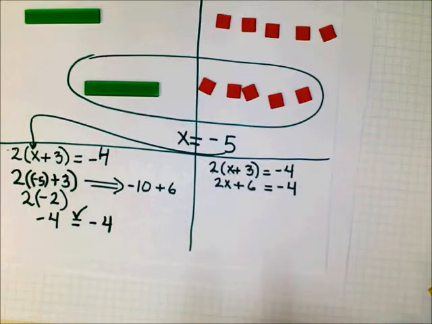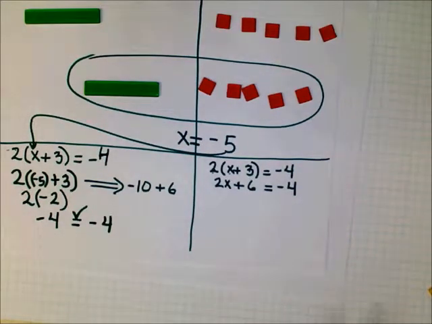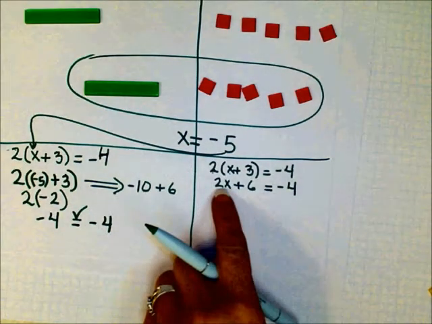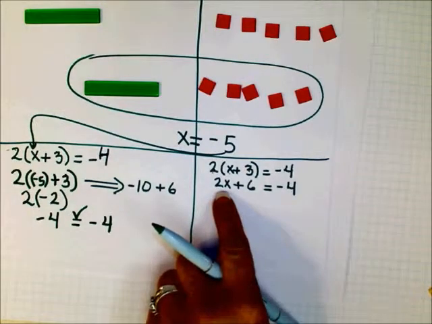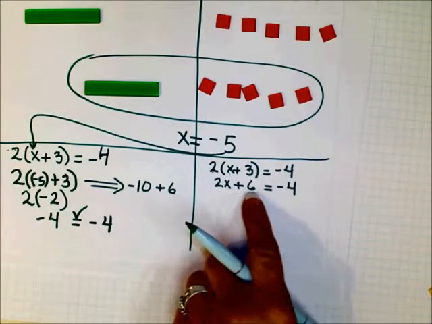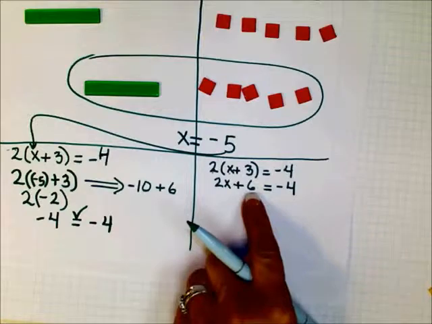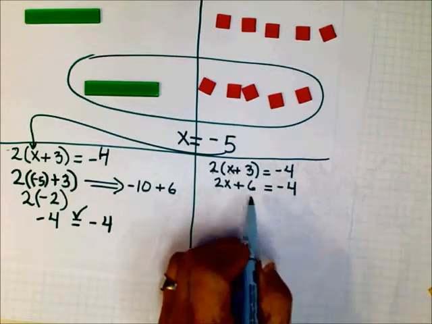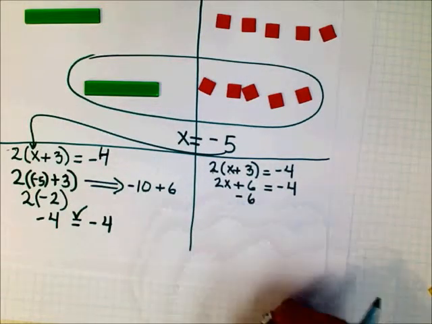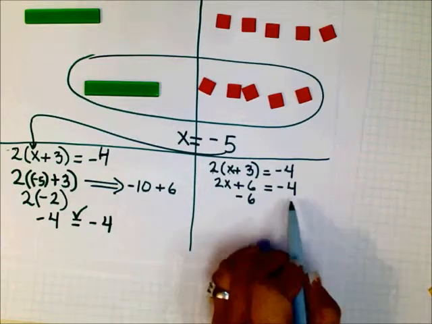Now, once I get here, it's just like a regular two-step equation. I have to get 2x by itself, and 6 is added, so I need to subtract that 6 so I can get rid of it. And what I do to one side, I have to do to the other.